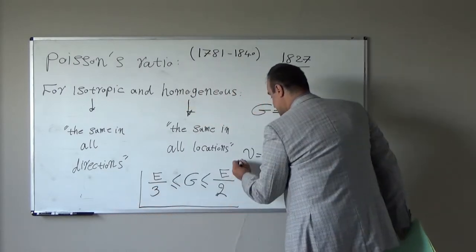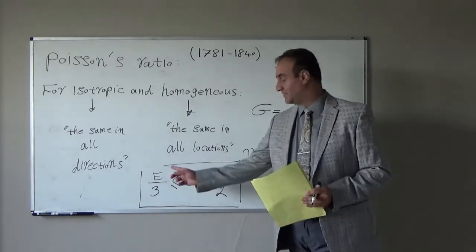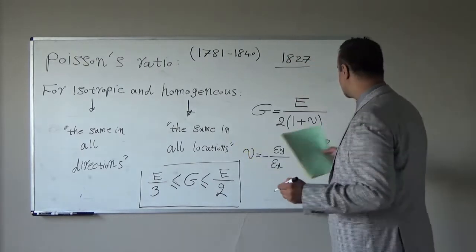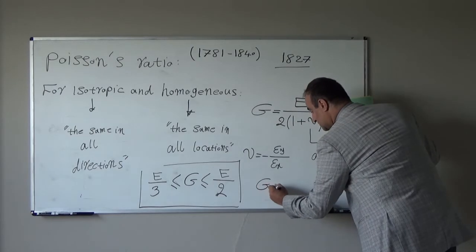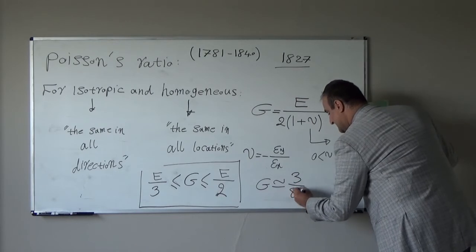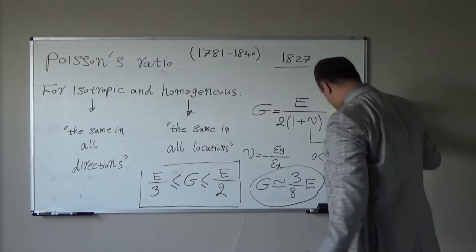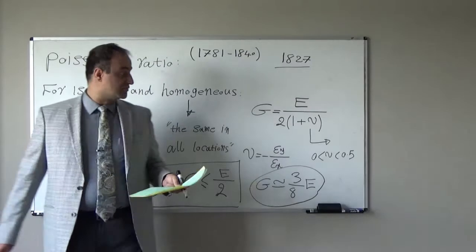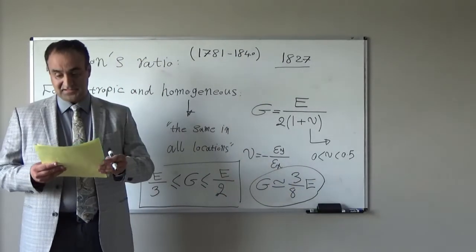This is the reason I said the shear modulus varies from E over 3 to E over 2. For most real materials, G is roughly equal to 3 over 8 times E.